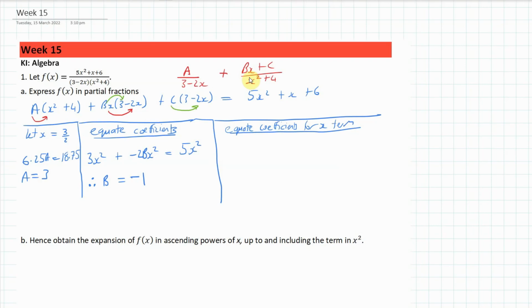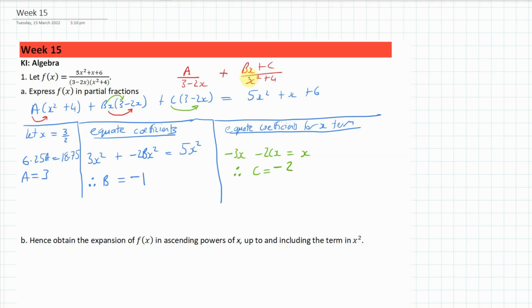So we know b is minus 1, so we get negative 3x and then minus 2cx, and that's got to add up to just 1x. So that means that therefore c is equal to negative 2.